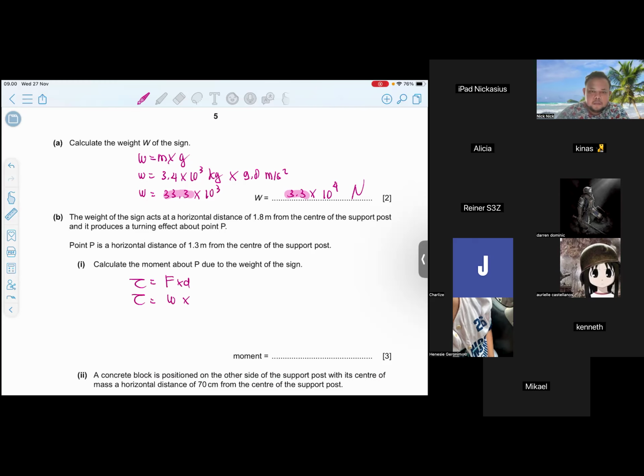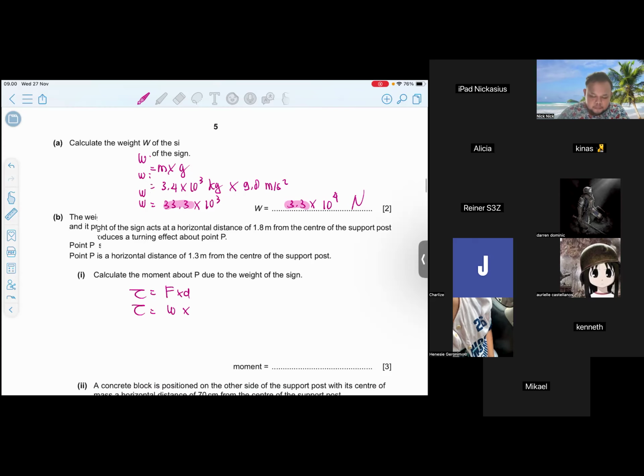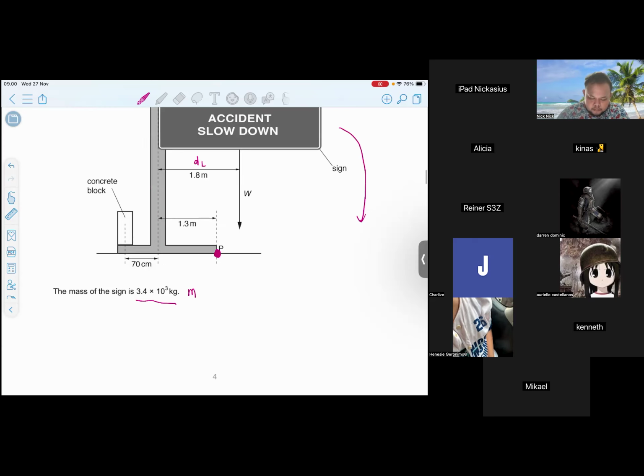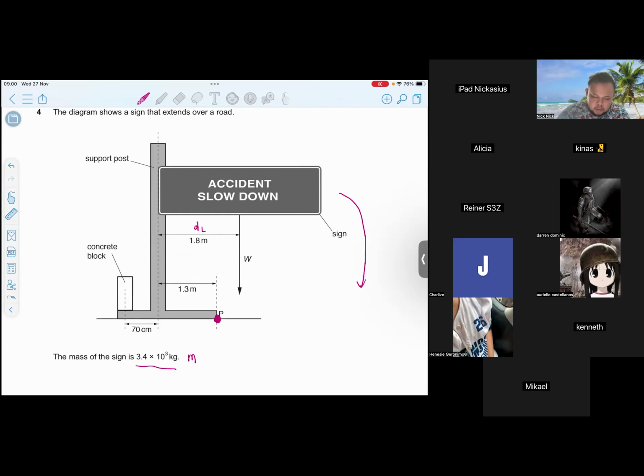Let's see. Where is the question? Oh, sorry. The distance to the point P, yeah. So we need this distance, the perpendicular distance here. How much? 1.8. Yeah, because this is the distance, right?